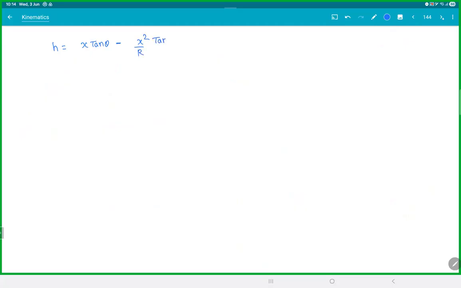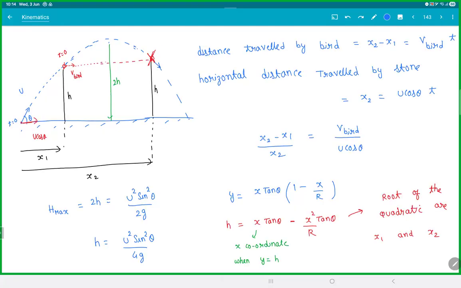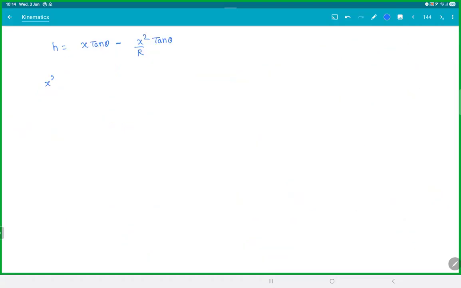X square by r tan theta. That's your quadratic. Plus h is equal to 0. So this will give you two roots.